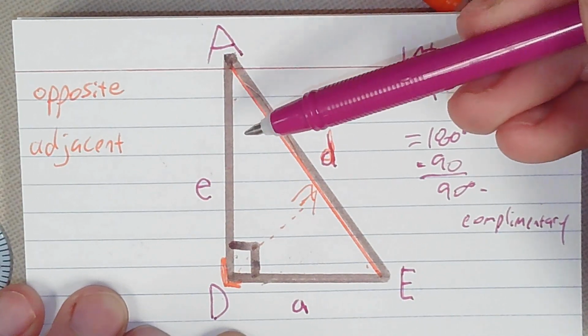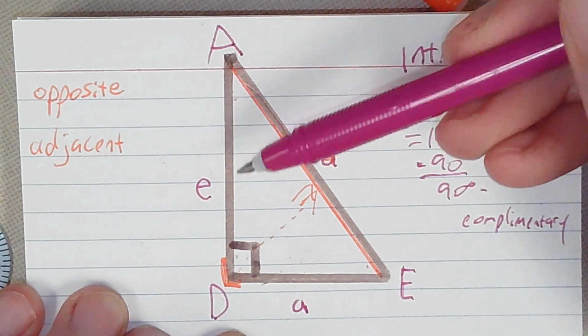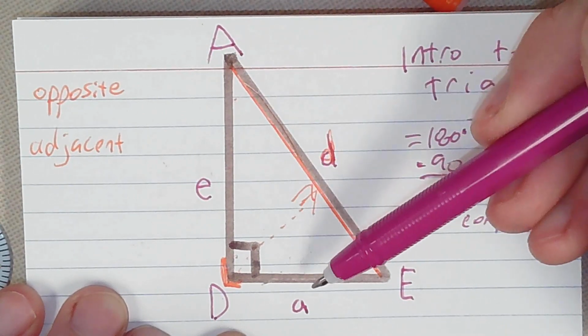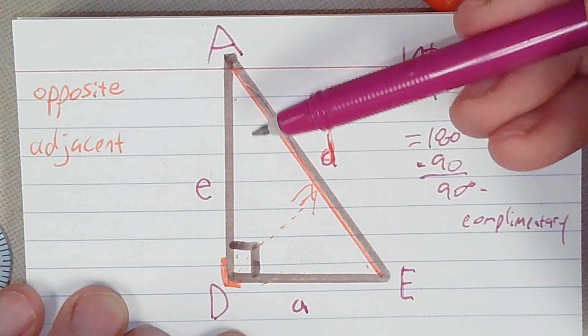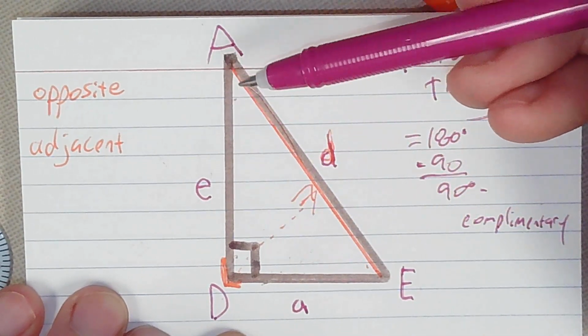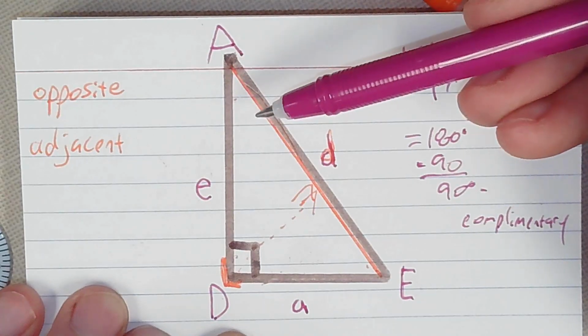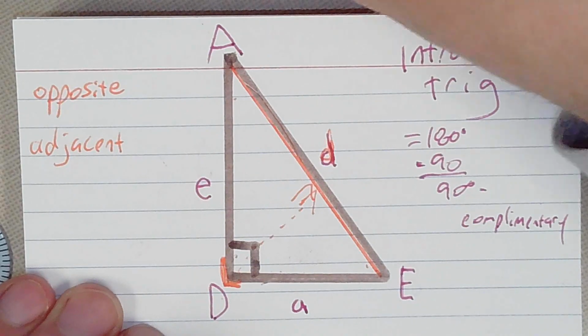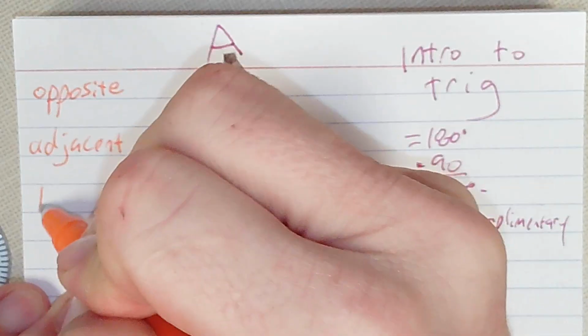So if A is our reference angle, the opposite one is the one opposite the angle. It doesn't touch the angle, but the adjacent one does and joins the hypotenuse to make up the angle. So remember, our hypotenuse is the third one.